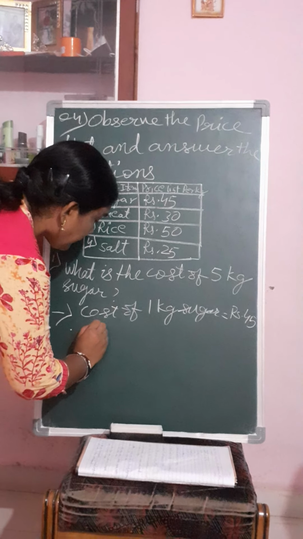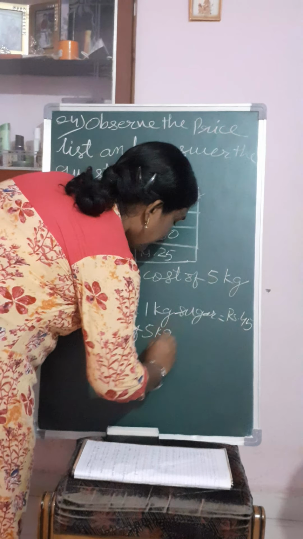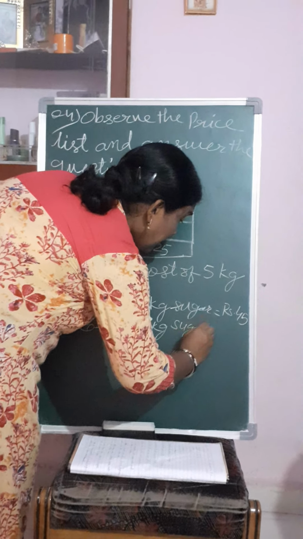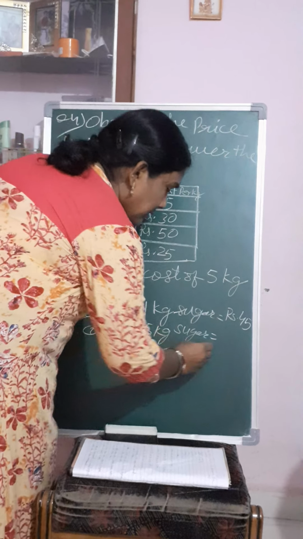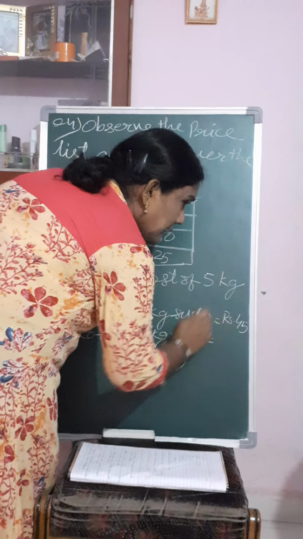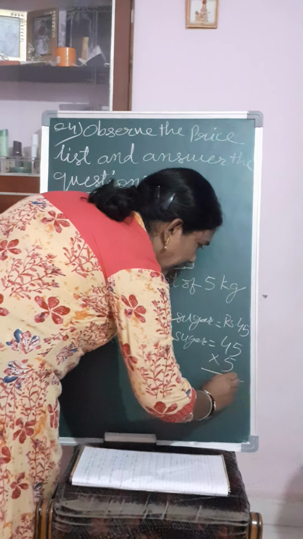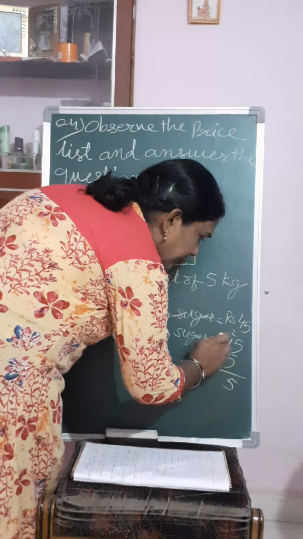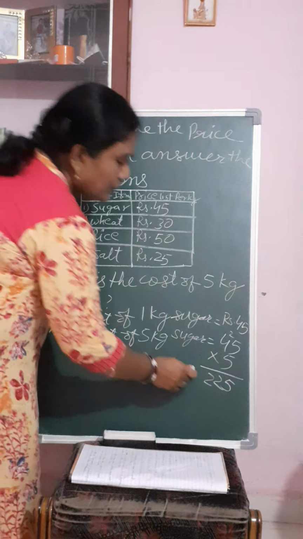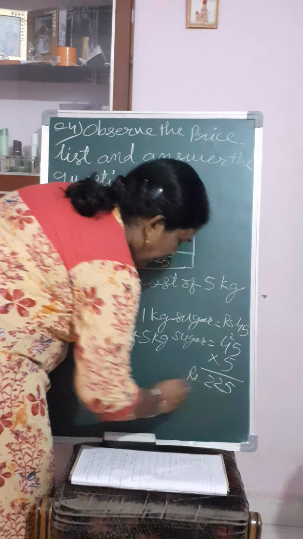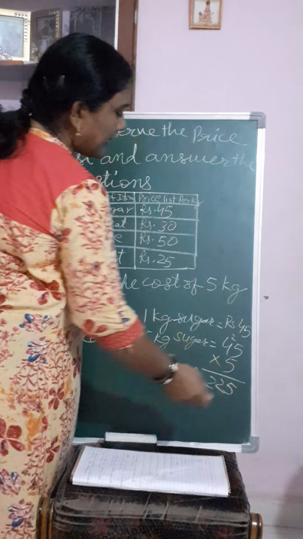So cost of 5 kg sugar: here what will we do? Quantity, meaning 5 kg, multiplied by the rate. Okay, so 45 multiplied by 5. 5 5s are 25. 5 4s are 20 plus 2, 22. So our answer is 225. So we can say the cost of 5 kg sugar is rupees 225.